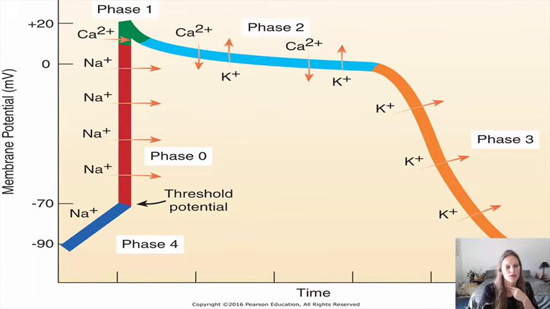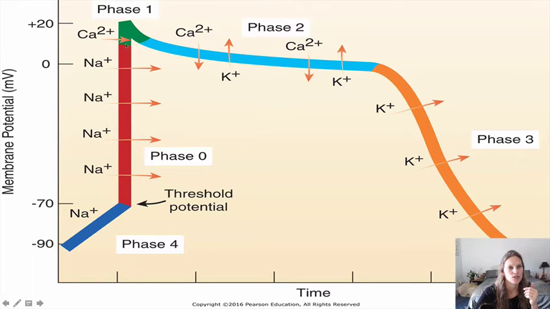The first notable phase is this slow increase right here, the part of the picture that helps us understand automaticity of the heart, because we have a slow drift up towards threshold, which is due to the leaky sodium channels. Then we have our fast sodium channels, which cause rapid depolarization as sodium moves into the cells.